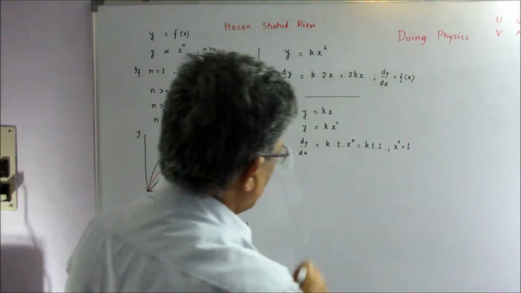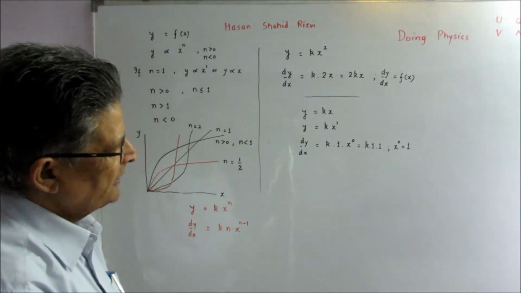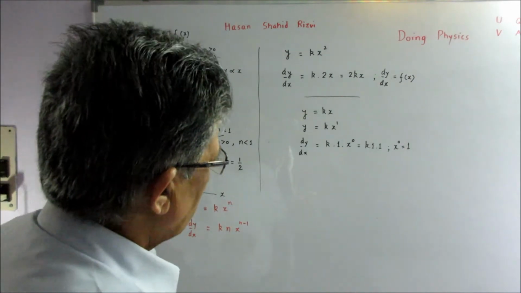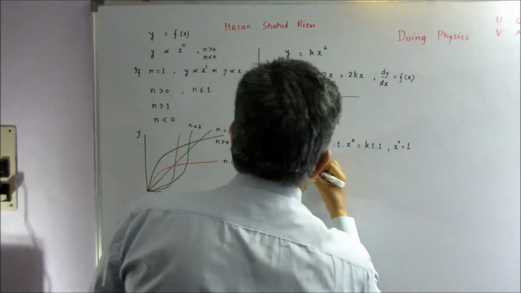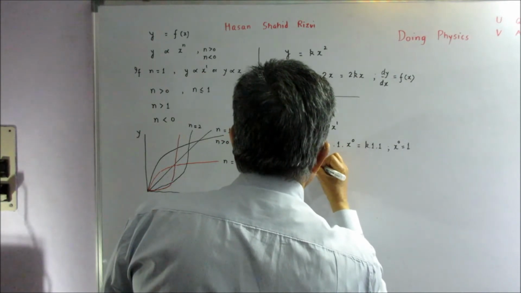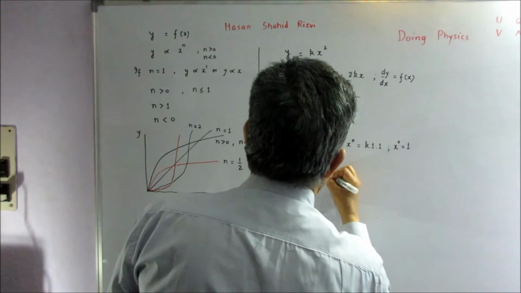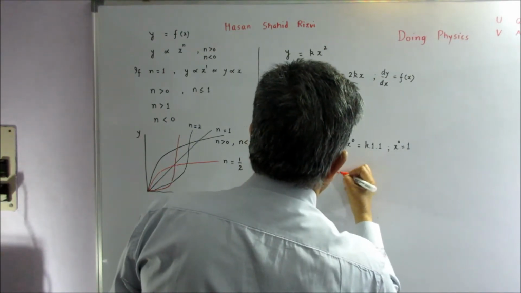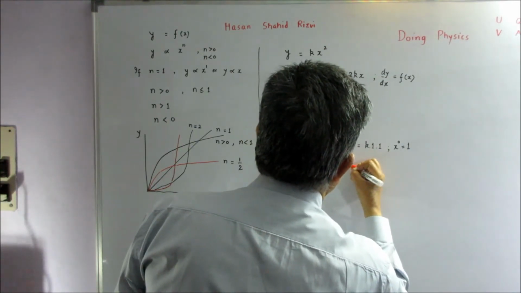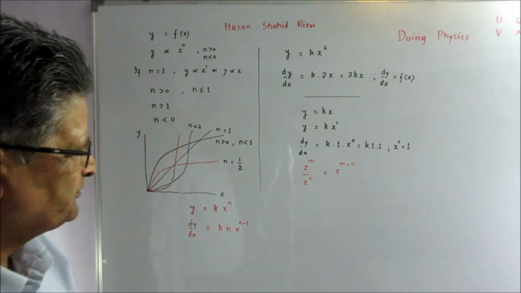And this we derive, and I want to emphasize and I want you to know, is that, for example, x to the power of m divided by x to the power of n is x to the power of m minus n, the law of indices.